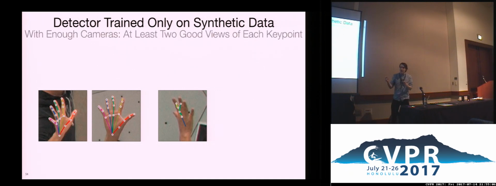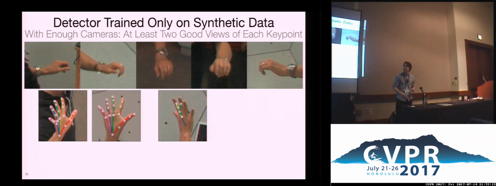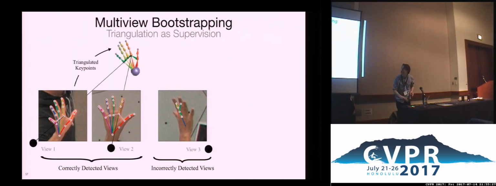If you have enough camera views, you can probably get at least 2 good views of the hand, 2 easy views where you can detect a particular viewpoint. In our case, we have 30 views, and I'm only showing a few of them here, but you can see that for any given viewpoint, for any given key point on the hand, you can probably localize it on several images. And once you have 2 images, you can do triangulation, say, for example, doing RANSAC.